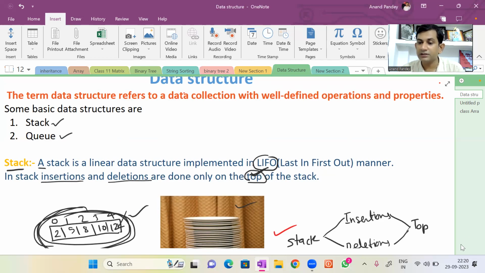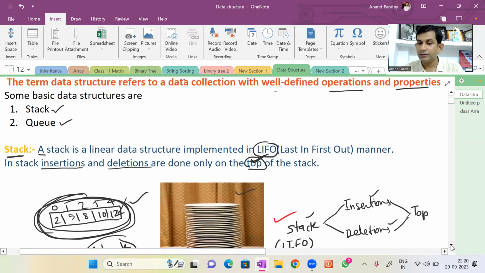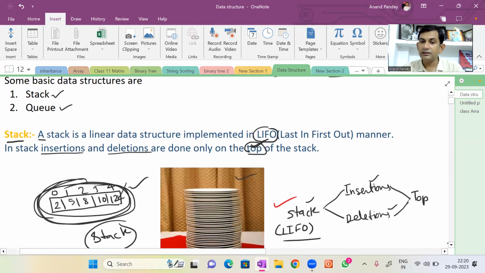We have two operations, insertion and deletion. And with well-defined operations and properties. What are the properties of stack? Here insertions and deletions both are performed at top, and data is stored in LIFO manner. This is the property of stack.